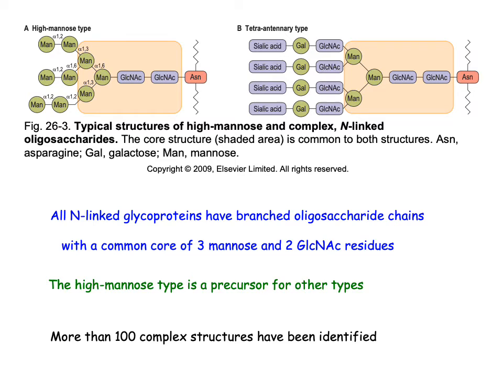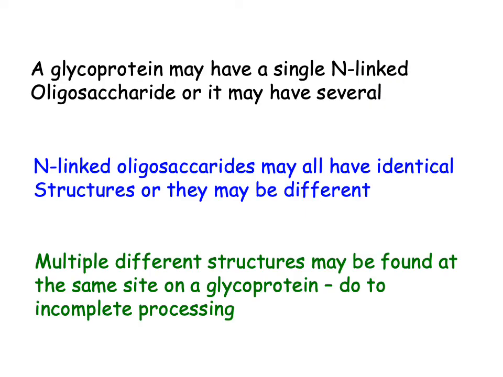Now, it says here that more than 100 different complex structures have been identified. That's probably a pretty low estimate. There's probably many more now. And when we look at these glycoproteins, we find that they could have a single N-linked oligosaccharide, or they may have several. If there are multiple ones, they could be identical or they may be different.